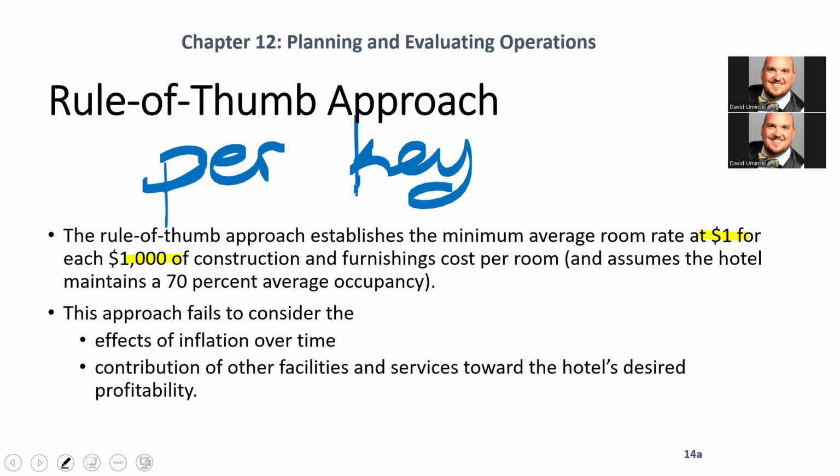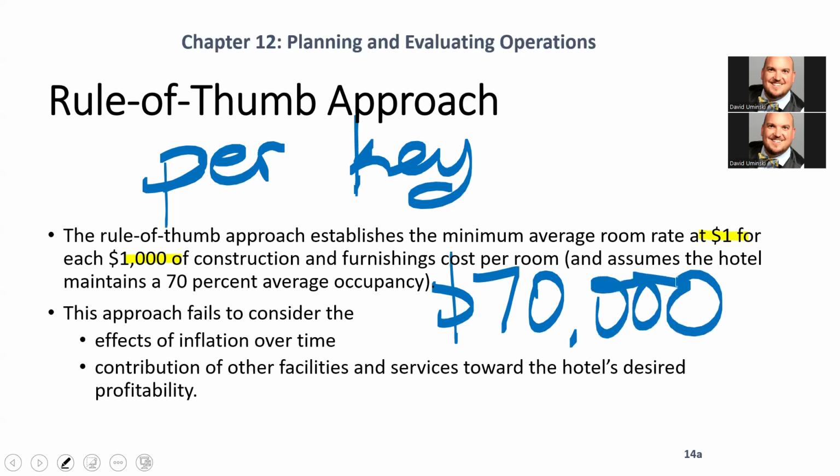And so for every $1,000 in construction and furnishings, we'd have $1 in our rate, okay? So if we had a $70,000 per key, what would we charge for our room? $70. See that? So $70,000.